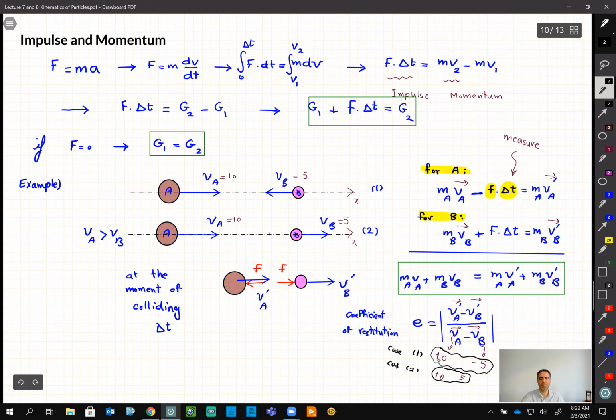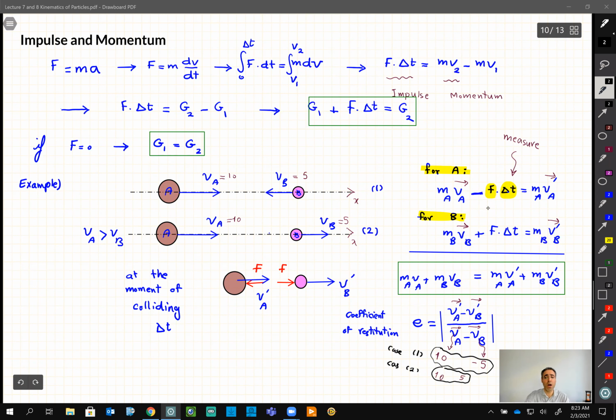All right. Any other question, guys, related to this? Sign of F. So when these two collide, there's going to be a force between them, action and reaction. And intuitively, we know if one force is to the left, its reaction is going to be to the right. So the same, we have F here to the right and F here to the left.